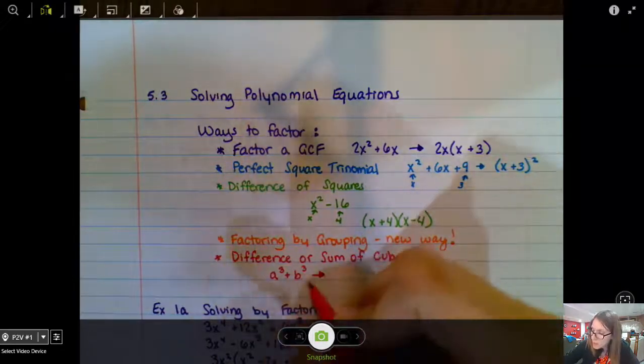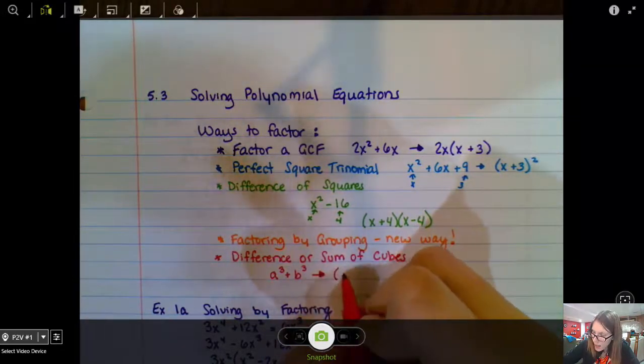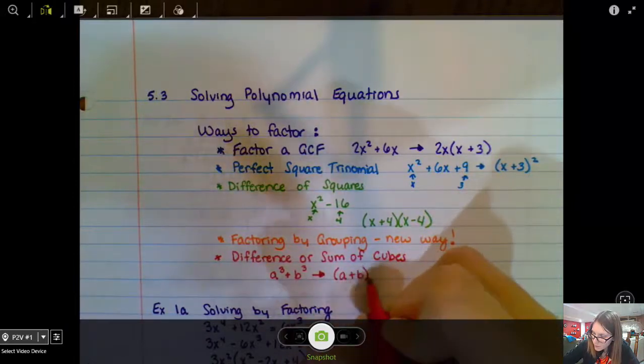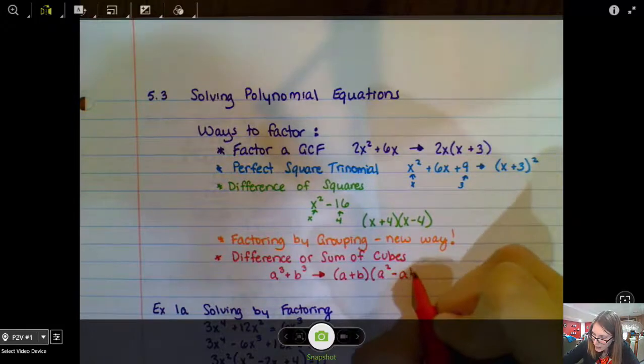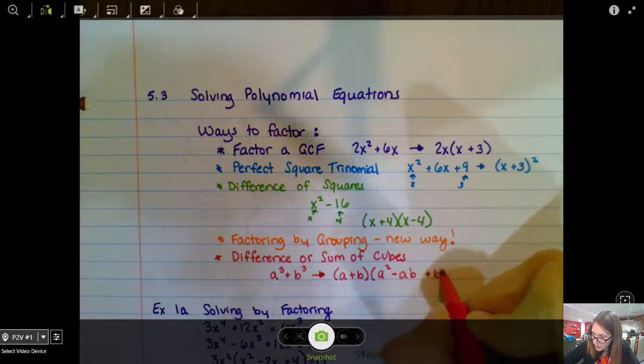So a cubed plus b cubed equals a plus b times a squared minus ab plus b squared.